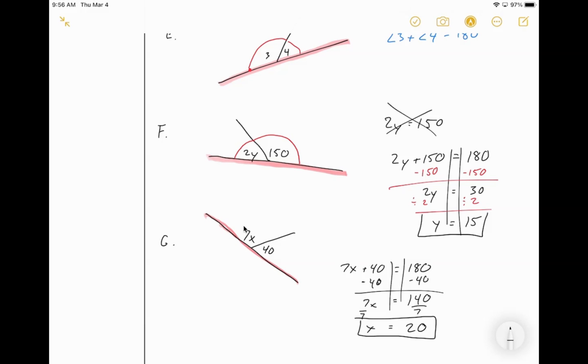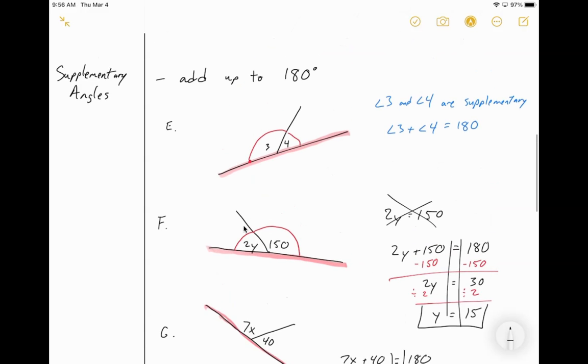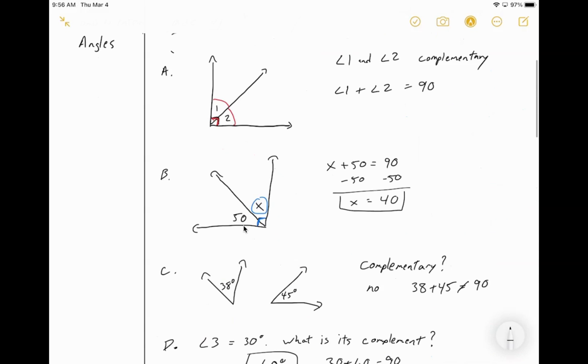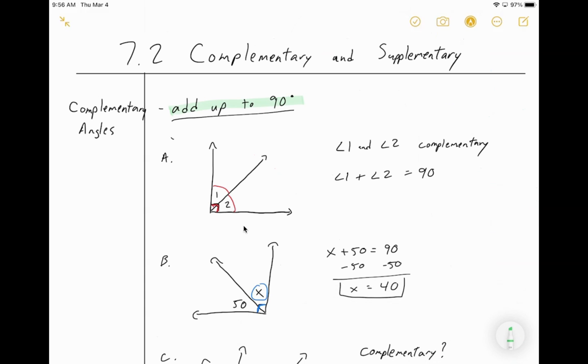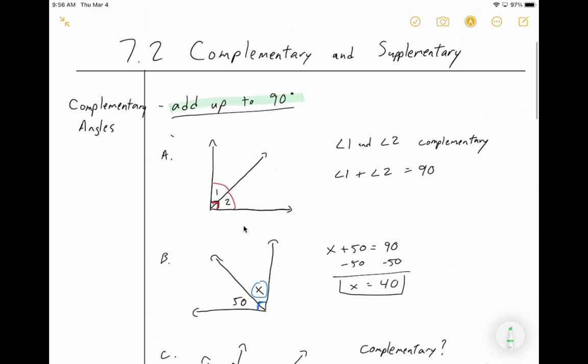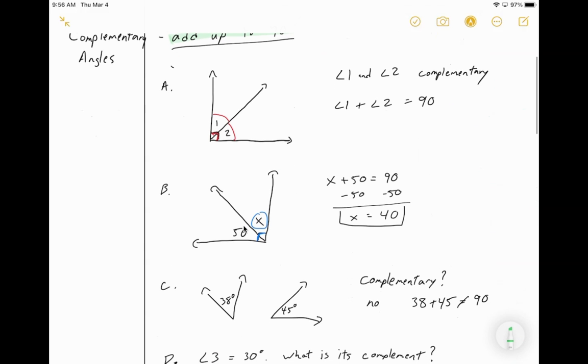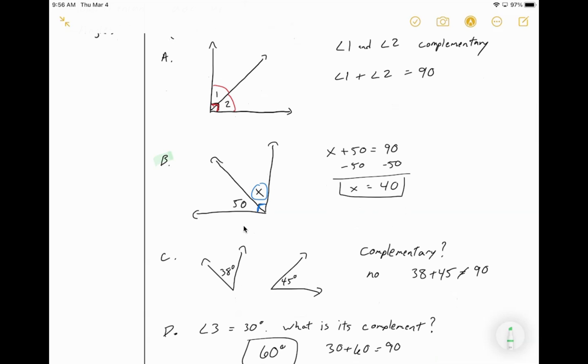Okay, so going back to what we did today. Two big things. What do you have to remember? Complementary angles add up to 90. We did a problem like problem B, where 50 plus x has to equal 90. Can you figure out what we're missing?